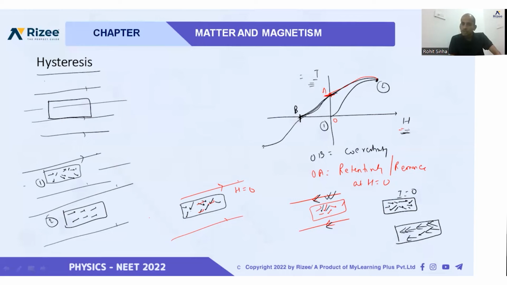Suppose again we change the direction, it will follow this path and go like this. We started from here, went to saturation, then decreased. Here we got the retentivity. After that, again we change direction. Here we got 0 intensity of magnetization.